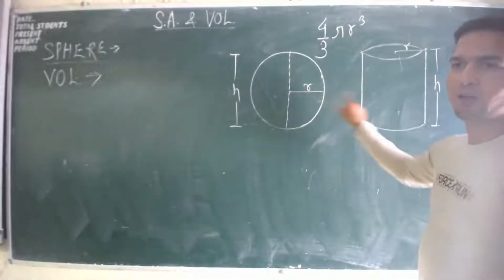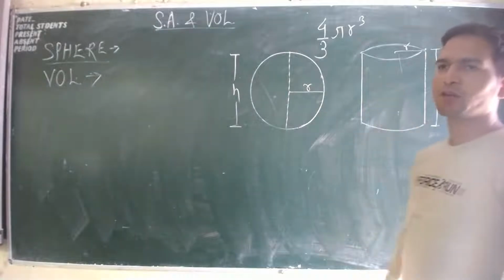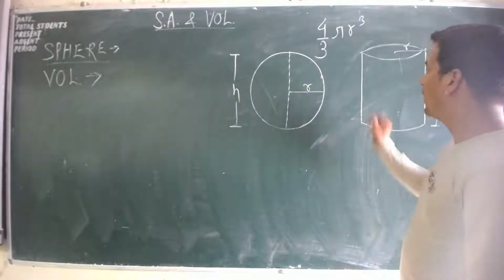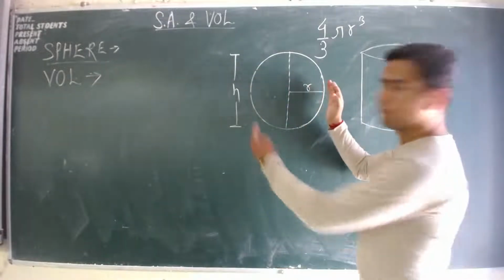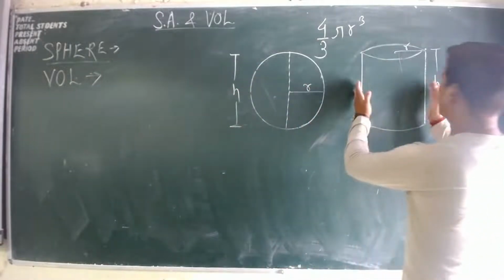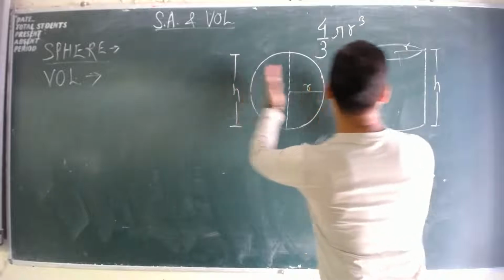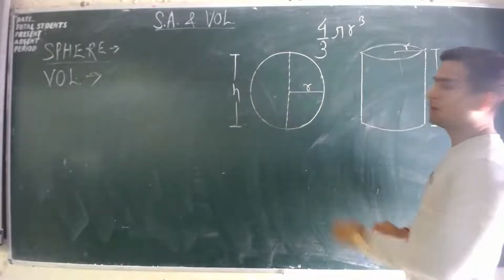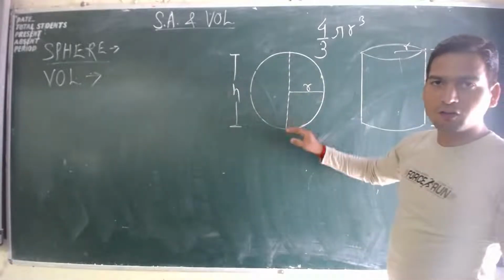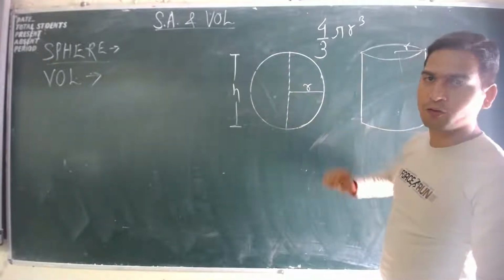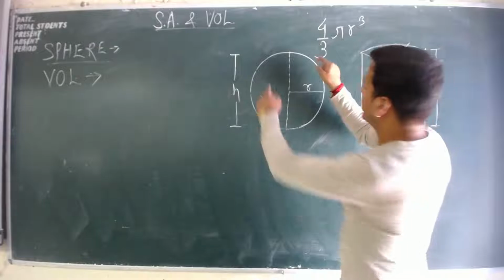Out of these equivalent figures, cylinder has greater volume. Okay. Why? You can see the middle portion almost has same volume. But you can see upper portion and lower portion. In the case of sphere there is less volume.